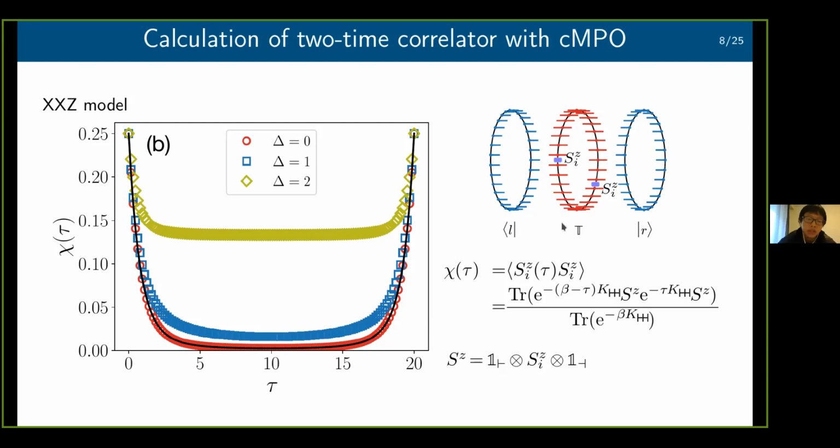So this is again the simulation result in the XYZ model, and you can see that there is a very good consistency between the numerical result and the exact solution. Also, if you look at this expression in more detail, you can find this K matrix that plays a very similar role to the original Hamiltonian.